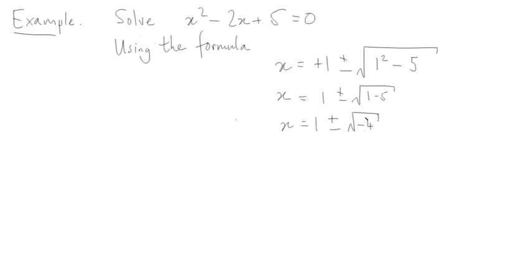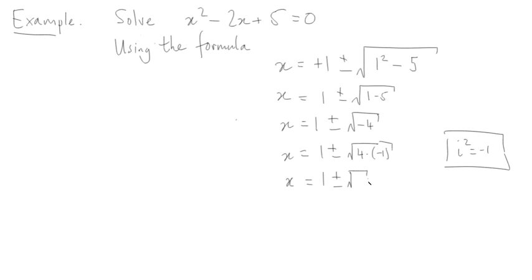By factorising out negative 1 from this, I get x equals 1 plus or minus the square root of 4 multiplied by negative 1. Using our new number, i squared equals minus 1, I can rewrite this as plus or minus the square root of 4 multiplied by the square root of i squared.